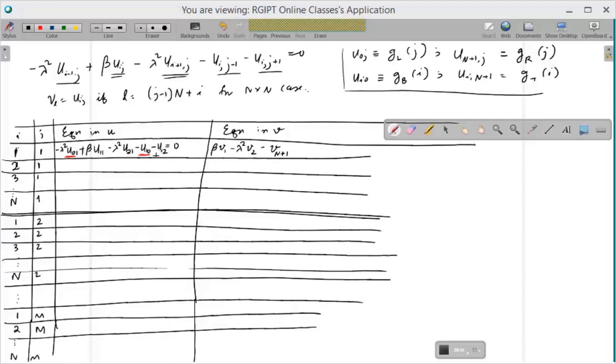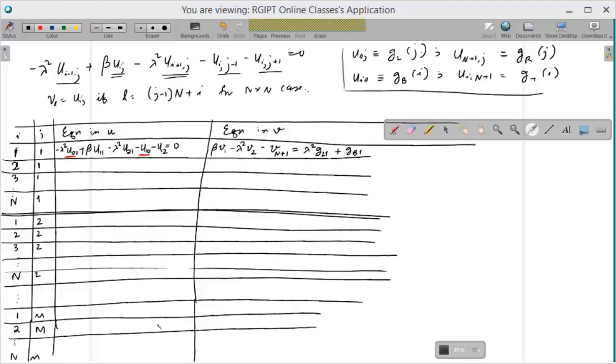That should be equal to lambda square gl1 plus gb1. So u01 is gl1, and u10 is gb1. These are the functions, the values, known to me. This will be the equation in v.